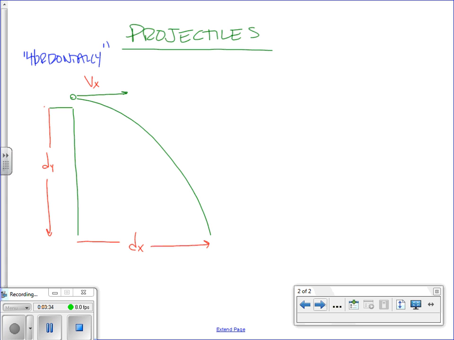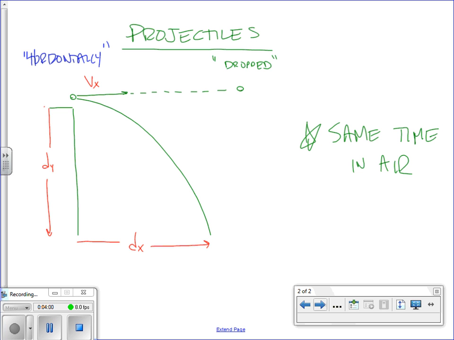Okay? First of all, maybe not first of all, but if we took this ball and dropped it from the same exact height that this one was thrown or launched or fired horizontally from, big deal, same time in the air.